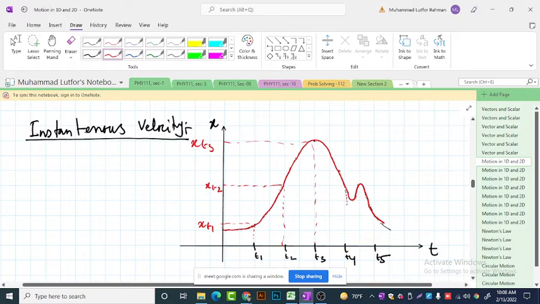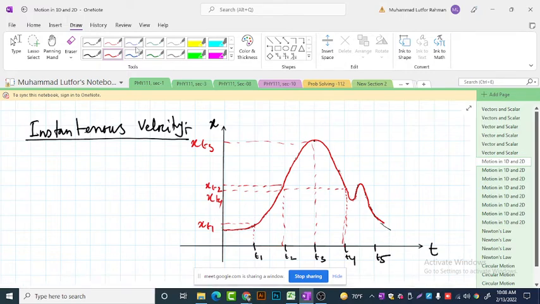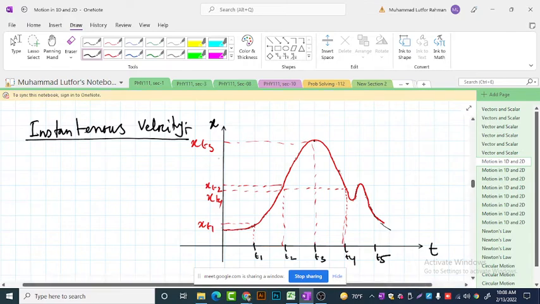Say this one is your t4. For example, this is that point, t4 over here. That's fine, it's arbitrary, I'm choosing. Say I have the point over here, the car is over here.